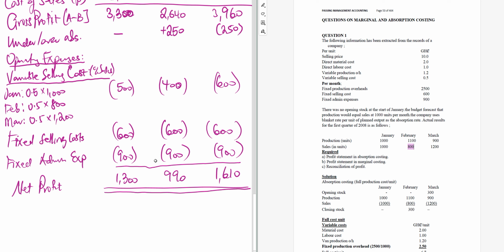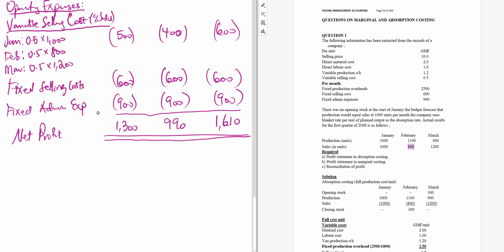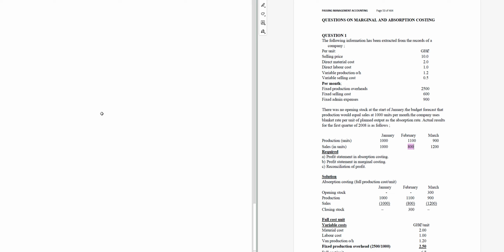So now the next statement is the marginal costing statement. Marginal costing is one of the most important statements for management accounting. For marginal costing, we go this way: get our sales, less all variable costs, get our contribution, less all fixed costs, then we arrive at our net profit. Remember this.